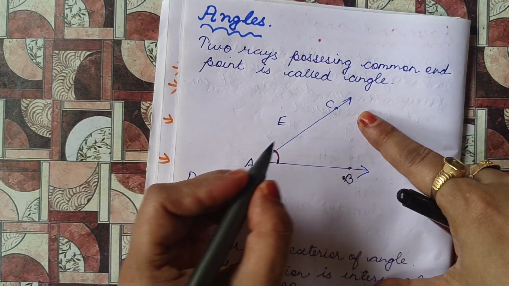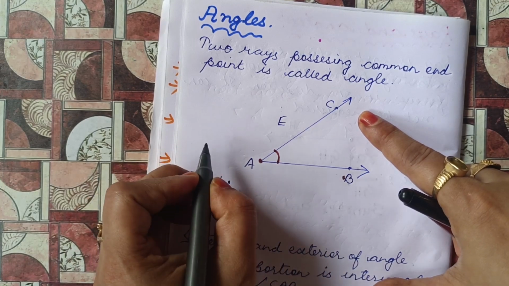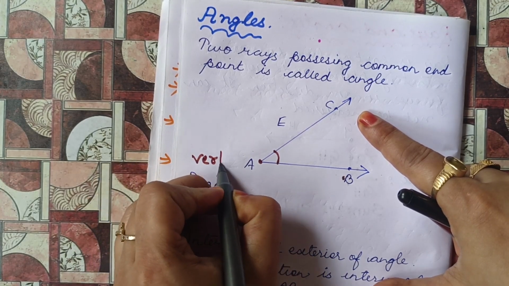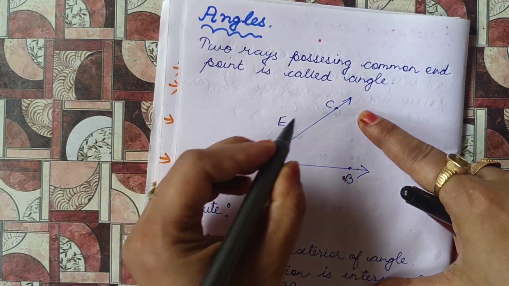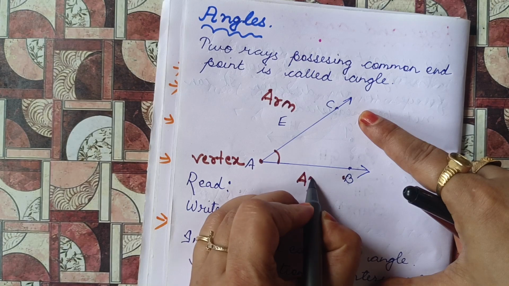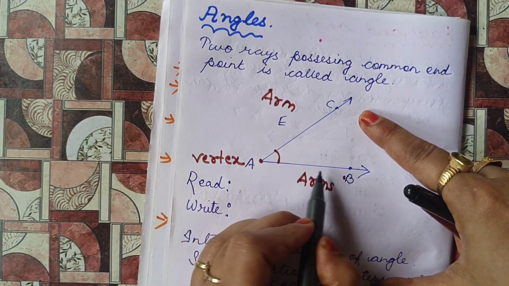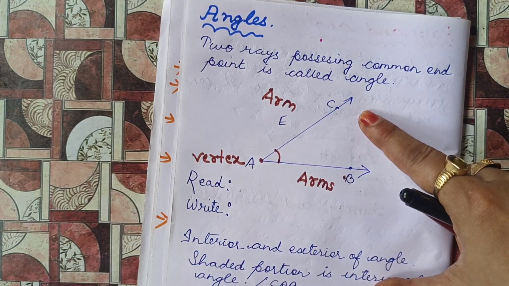So two lines which meet at a common point, it is known as vertex. And these two are arms of this angle. Both are arms of the angle.